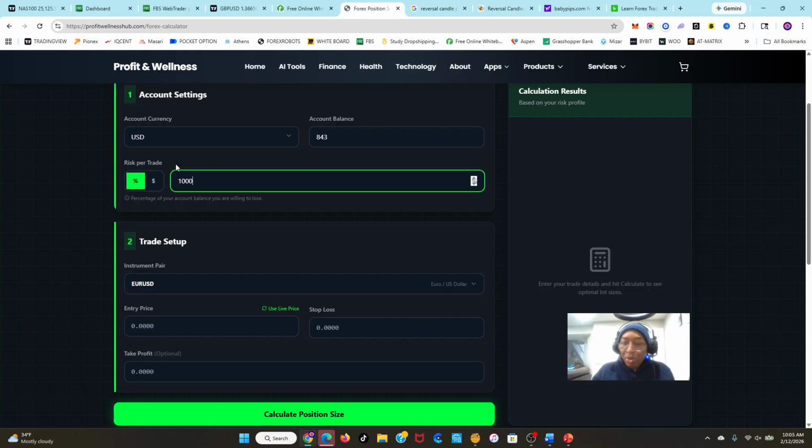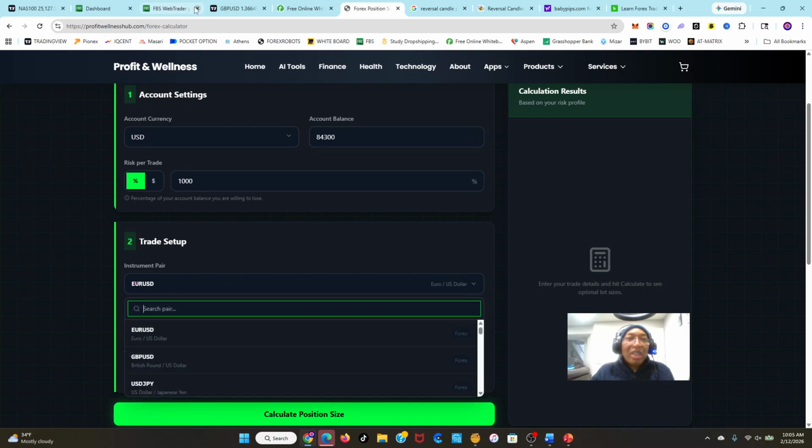It's a cents account. 1,000 cents is how much? $10 is $10. Yeah, so we are risking 1,000 cents. Our balance is 843 in terms of cents.